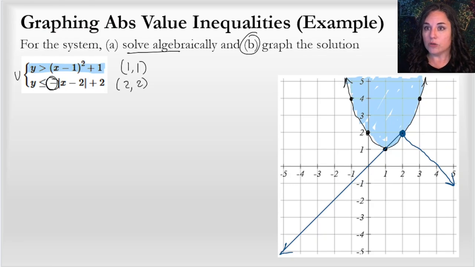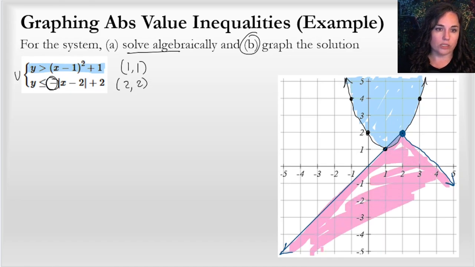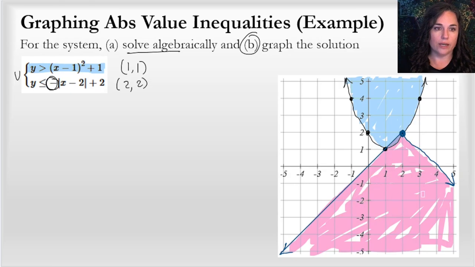And then the other portion of this piecewise, you can see the piecewise inequality. It says when is the output less than the absolute value? So I'm going to go on this less than side, the bottom part of this absolute value. So that's all of this region. So when you're graphing, make sure you're shading accurately, all right?